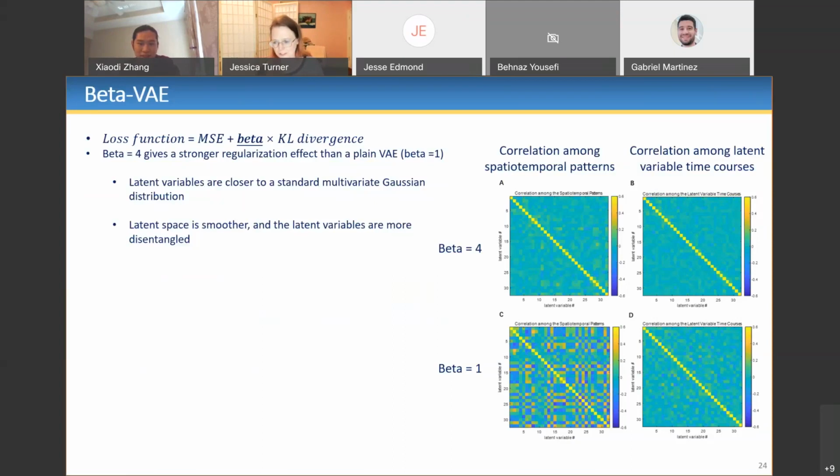Other questions, either about the technique or the application? I actually had a question, because I think it's really interesting to see the resting state reconstruction at the end. And I think what you found out about the gradients of connectivity and how those cluster together could be really interesting.